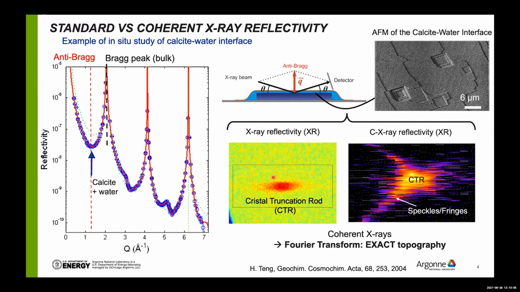So the crystal truncation rod gives us information in average about the size of the domains on the interface. More specifically, its width is related to the average domain size.